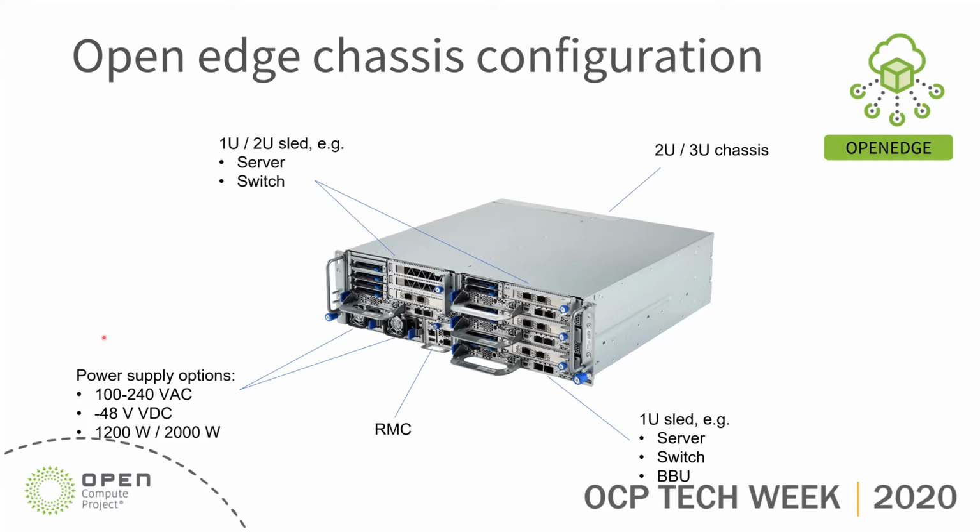And for power feed, we have options for AC and DC. The capacities are currently 1200 watts or 2000 watts. The 1200 watt power supply is mainly targeted for the 2U chassis. So the 2U chassis having 3 sleds, each 400, matches that capacity nicely.